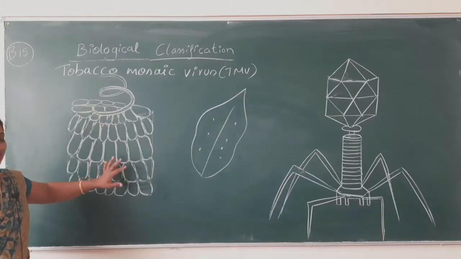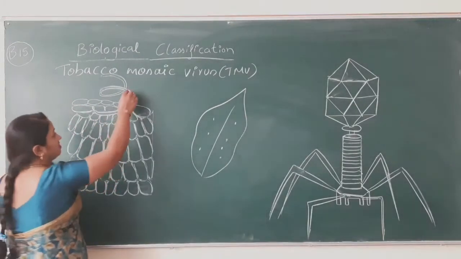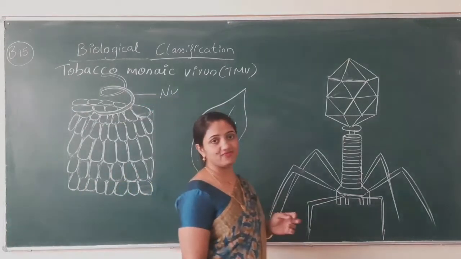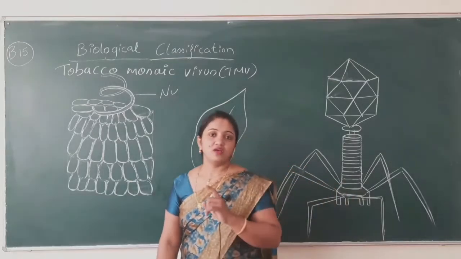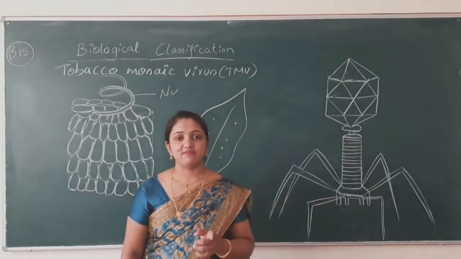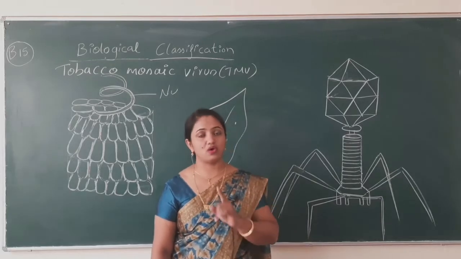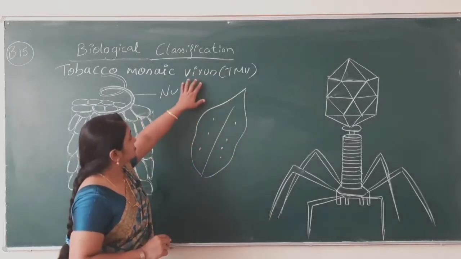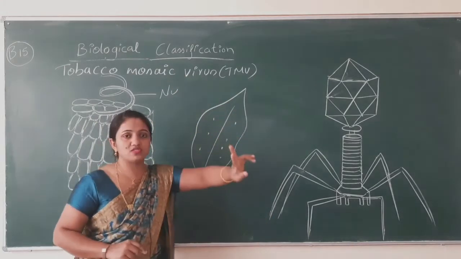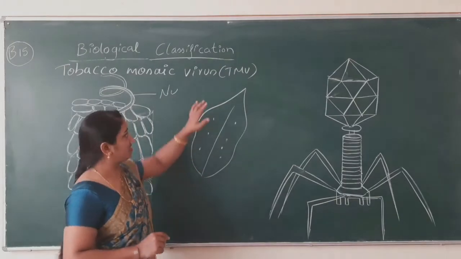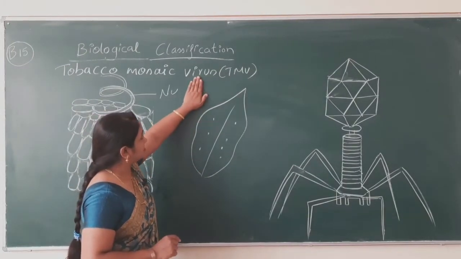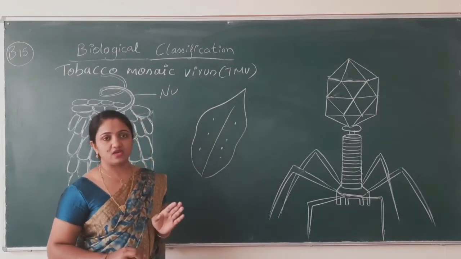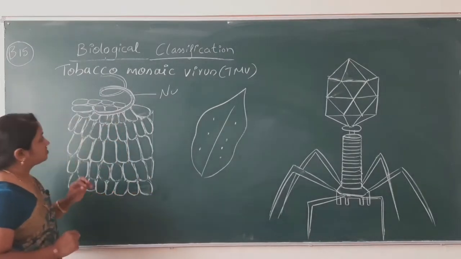So the virus consists of a nucleic acid. As I told you in the last session, the plant virus consists of RNA. The animal virus consists of RNA or DNA. No virus consists of both RNA and DNA; a virus involves either RNA or DNA.